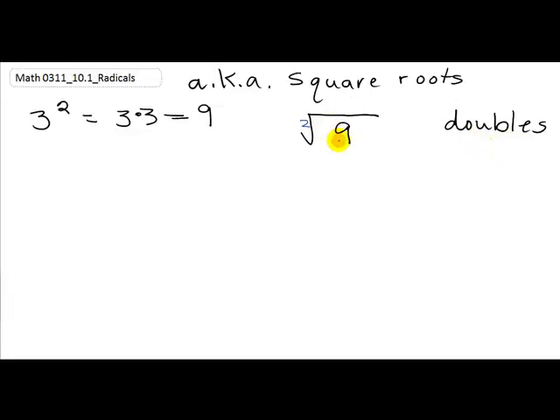So when I'm looking at 9, and if I broke it down into its factors, I would have 2 3s. And remember, there's a 2 here. So when we want to simplify, we look at what's inside and this number.